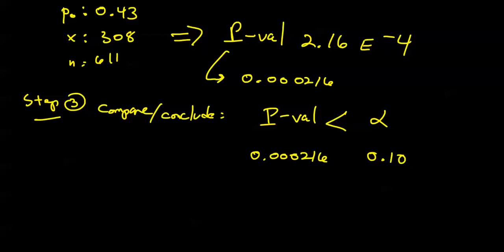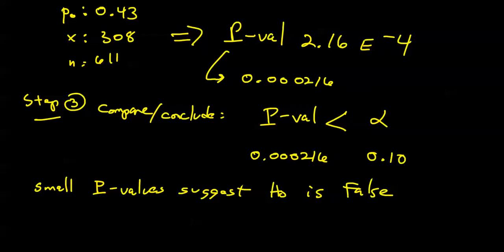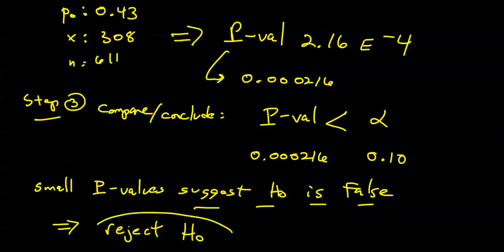And certainly my p-value is much less than alpha. And remember the little slogan here, small p-values suggest H0 is false. Small p-values mean extreme data values. How small? Smaller than alpha. If your p-value is smaller than alpha, we suggest H0 is false. Hence my conclusion for this hypothesis test would be to reject H0.